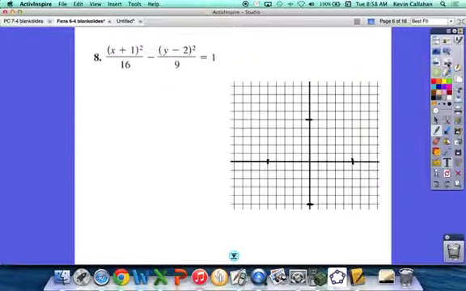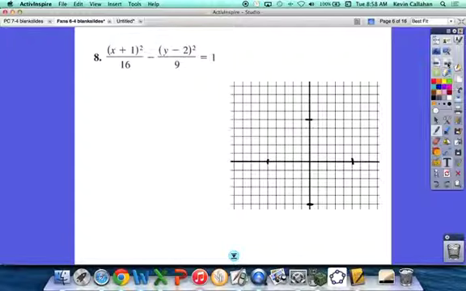Okay. So in order to understand what the B is, I'm going to show you how you sketch one of these. And then you understand through the sketching of this where it comes from. What is the center of this hyperbola? -1, +2, right?